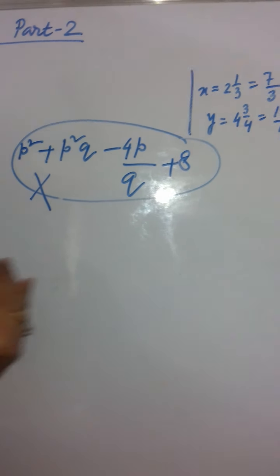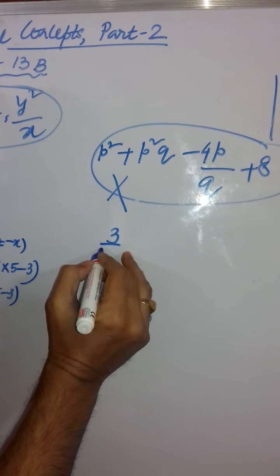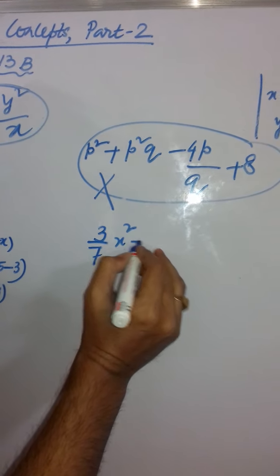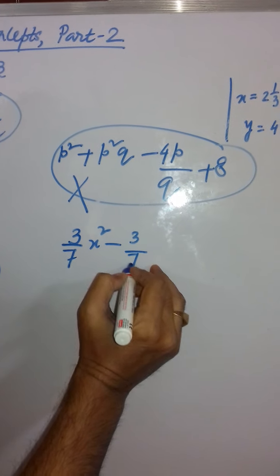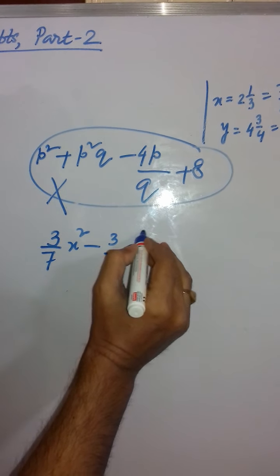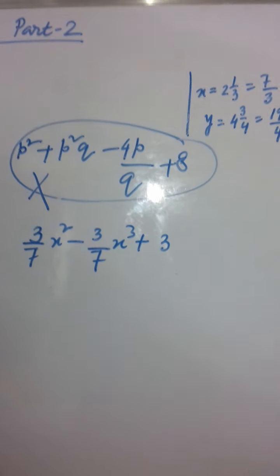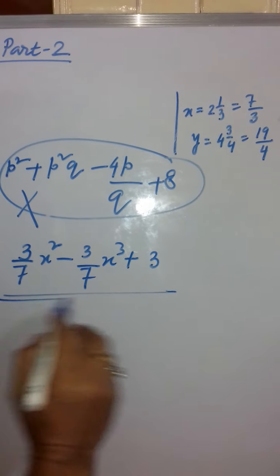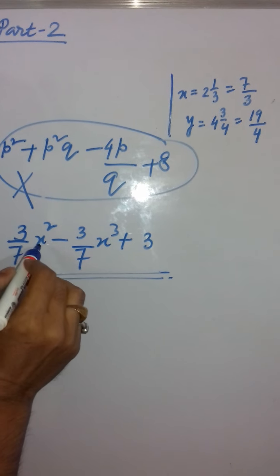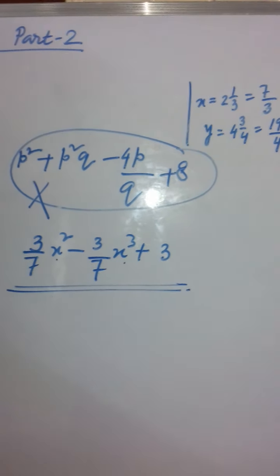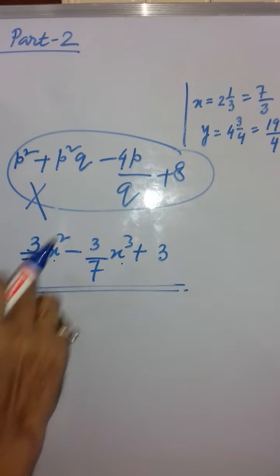But if you consider this expression, say 3 by 7 x square minus 3 by 7 x cube plus 3, you can consider it a polynomial because the variables x square and x cube are situated in the numerator.